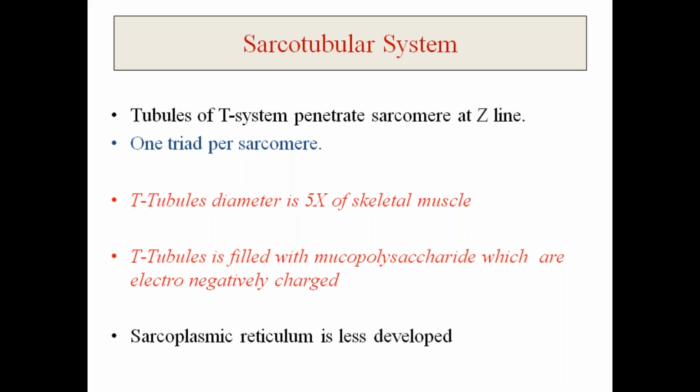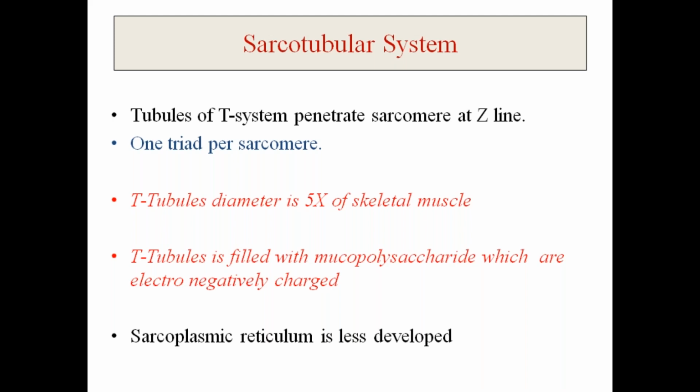Secondly, the diameter of the T tubule of cardiac muscle is more compared to skeletal muscle, about 5 times. Another important difference is that the T tubule of cardiac muscle is filled with mucopolysaccharides, which are electronegatively charged particles.